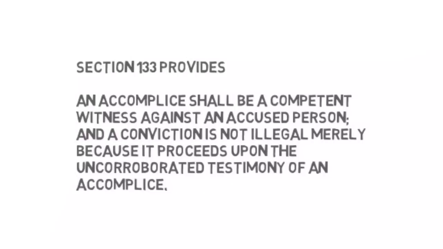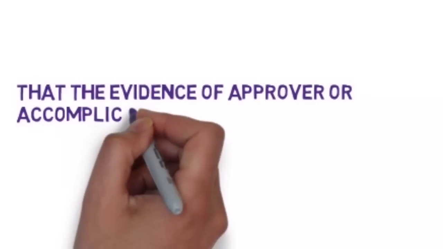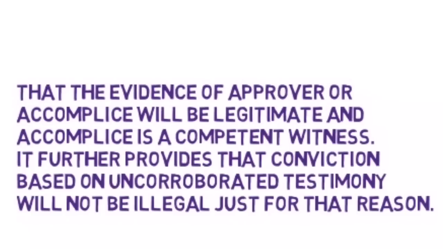And in fact, it further provides that conviction will not be illegal just because it is based on uncorroborated testimony of the accomplice. Uncorroborated means that there was no independent witness or independent evidence to corroborate what the approver said. And in that case also, his testimony will be legal and the conviction will also be legal.